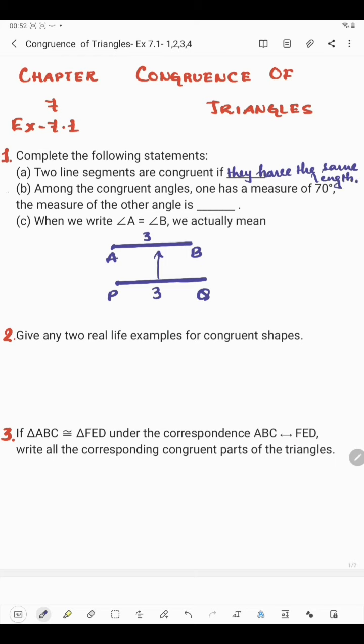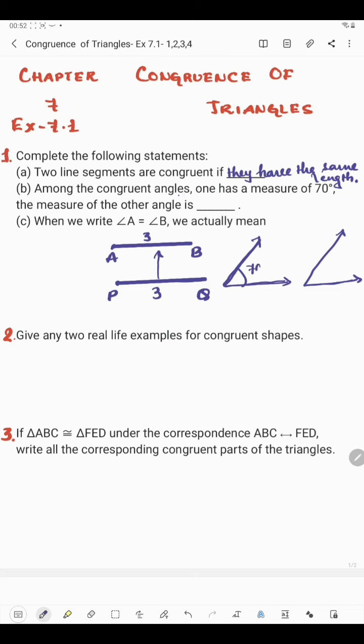Now in the B part we have: among the congruent angles, one has a measure of 70 degree, the measure of the other angle. Here it is already said that these angles and these angles are congruent. Among the congruent angles one has a measure of 70 degree.